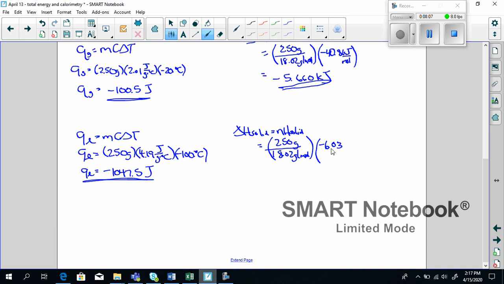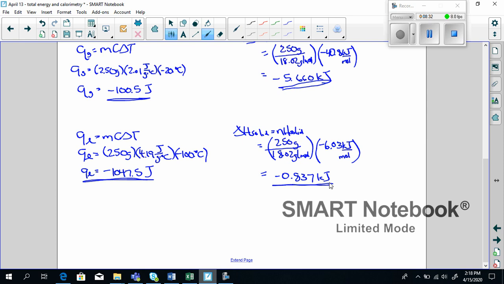It's negative 6.03 kilojoules per mole. So it gives an answer for that step of negative 0.837 kilojoules. So we have our 4 answers.